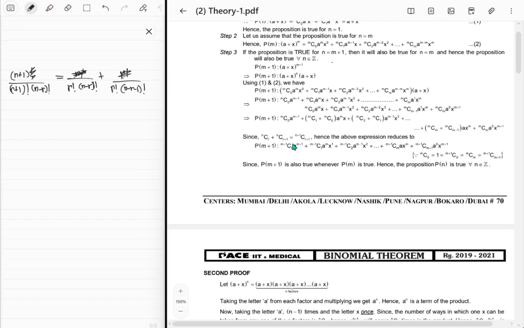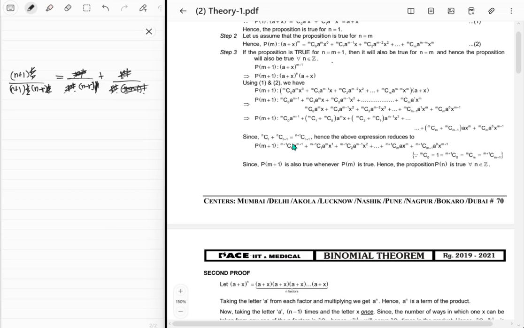For every number, k factorial is just k times k minus 1 factorial, because it's k into k minus 1 and so on. That makes sense, right? That's why you can cancel this away and cancel these factorials. And once again, r plus 1 factorial is just r plus 1 times r factorial, so you can cancel this factorial away and cancel these terms out.